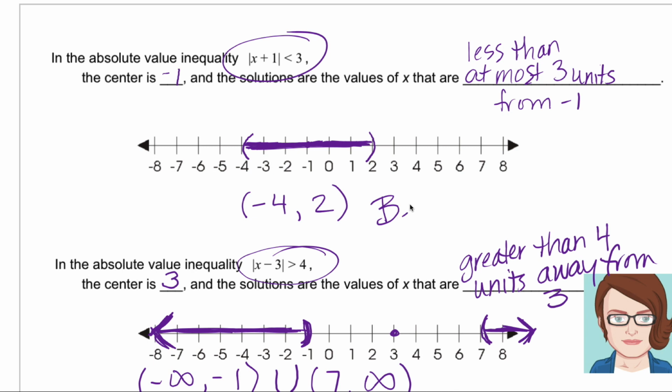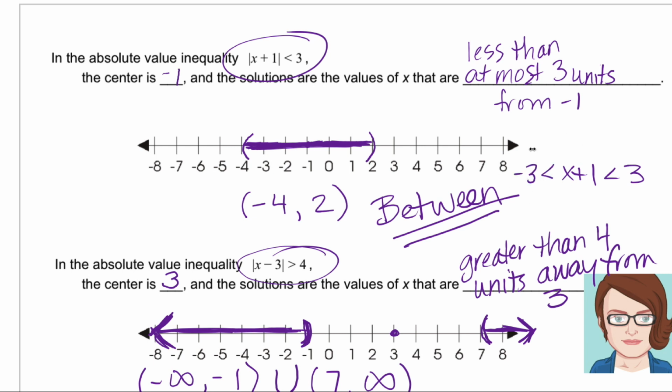So something to add in your notes about this is that we want to think of the less than inequalities as being between two values. So we could say that x plus 1 has to be less than 3 units away and greater than negative 3 in the other direction.